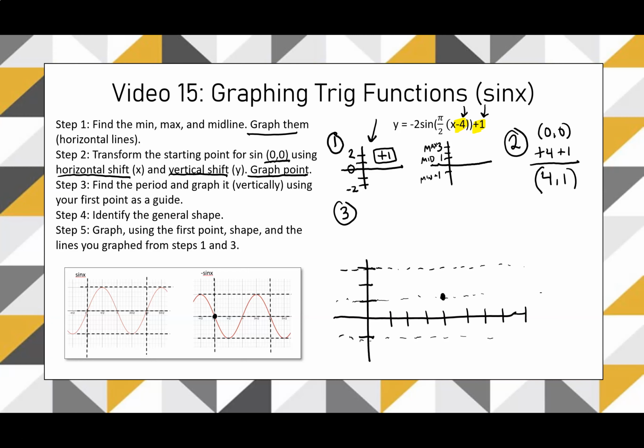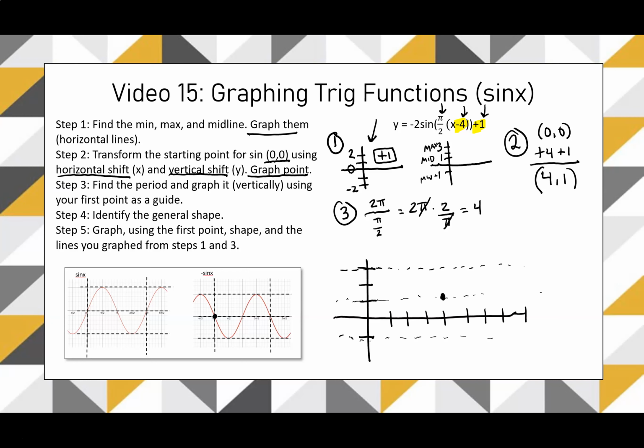Back to step 3 here. We're going to find the period, and then we're going to graph that. So the period is, of course, 2 pi divided by our b, in this case pi over 2. This actually becomes 2 pi times 2 over pi, because we're going to multiply by the reciprocal. Pi's cancel, and I'm left with 4.